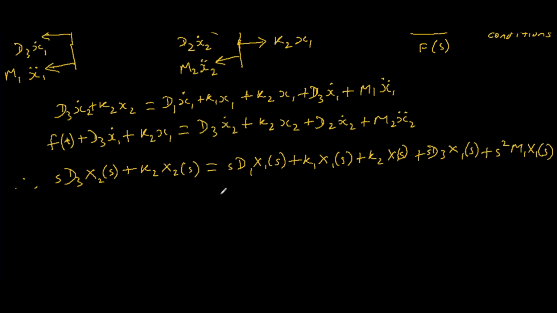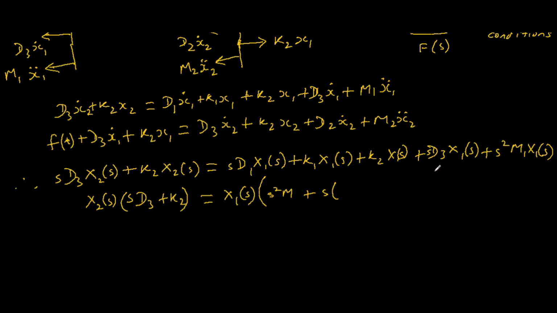Now, from this expression, we can see that we can collect like terms. Let's collect like terms, and let me not jump too many steps. So we have s d3 plus k2 multiplied by x2 of s is equal to x1 of s into, let's start with the s squared term, s squared m1 plus s into d1.